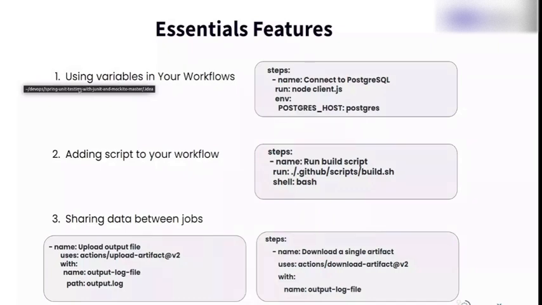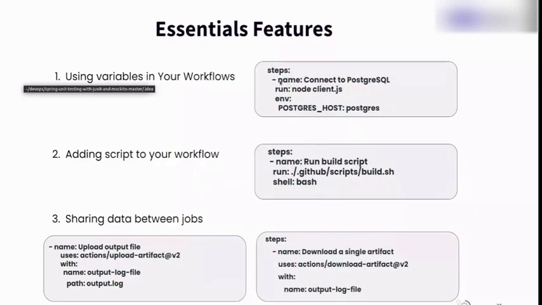So the very first I can say is using variables in your workflow. Let's suppose at the time of creating your workflow file, you have to create or use some environment variables so that you can specify in your action or in a job as an env. You can see these are the steps for a particular job.